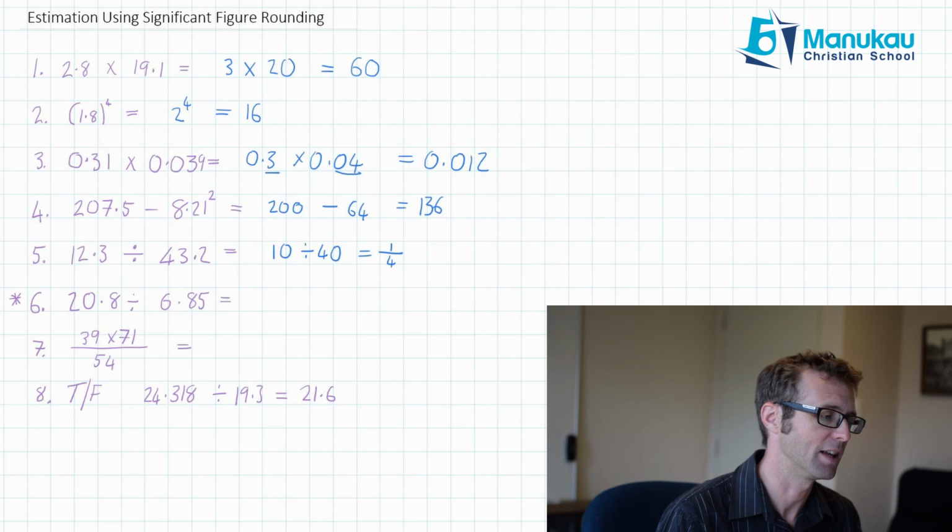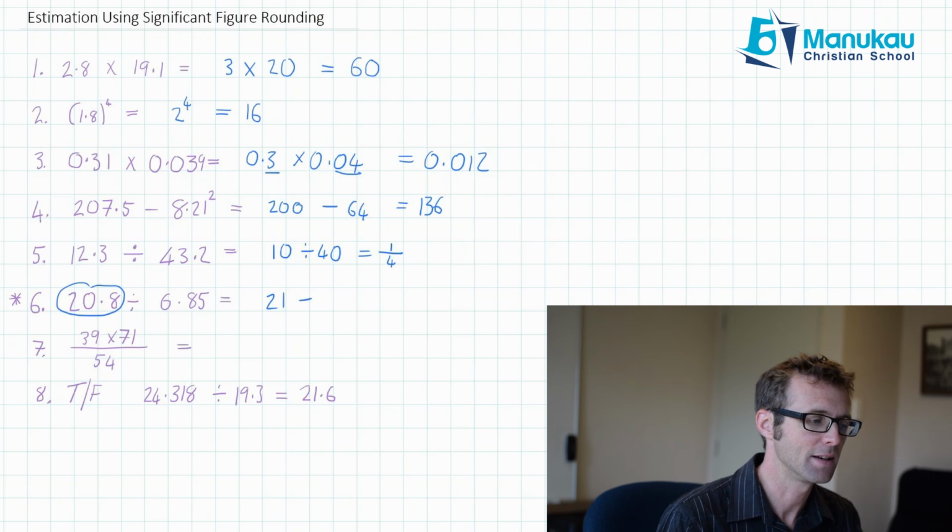The next one I put a star here because sometimes, if you're thinking, you can see that there's a little trick that you can use to help you. So I'm going to round my first one to two significant figures. So it will be 21. Why am I doing that? Well, because I could see the first number was close to 21 and the second number was close to 7.